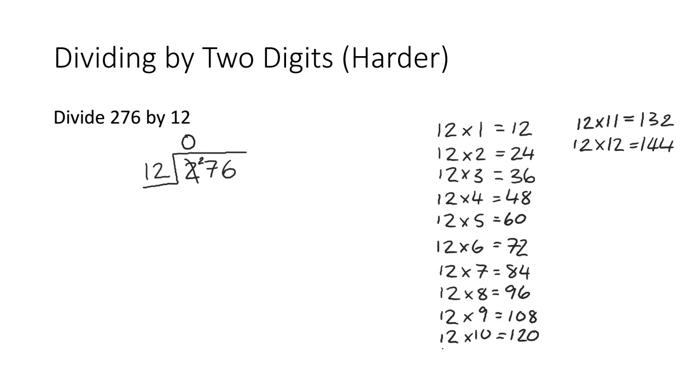So I can see that 12 goes into 27 2 times. And then 27 take away 24 leaves me with 3 left over. How many times does 12 go into 36? Well, I can see that 12 times 3 is 36, so it goes in 3 times.